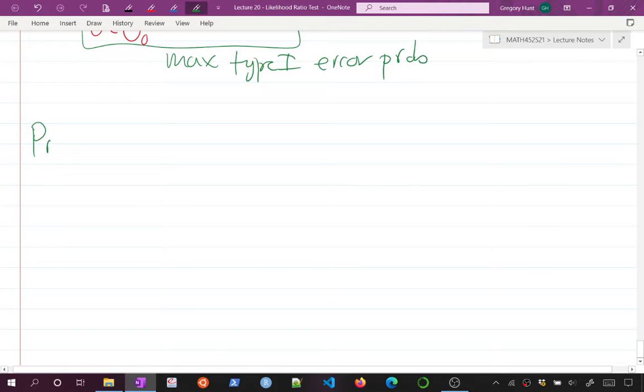So the probability, why am I writing a probability? We have a symbol for this. The probability of rejecting H naught is, of course, the probability that lambda is less than C by the LRT.